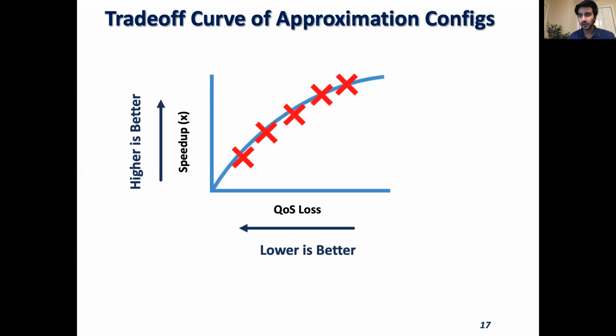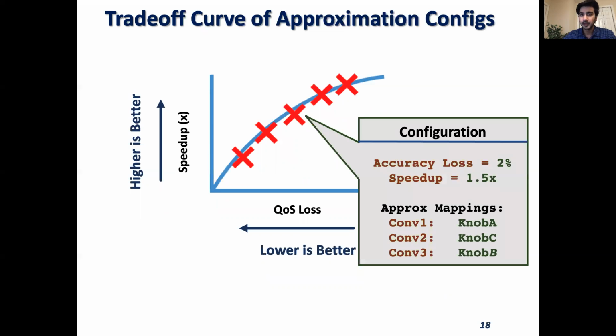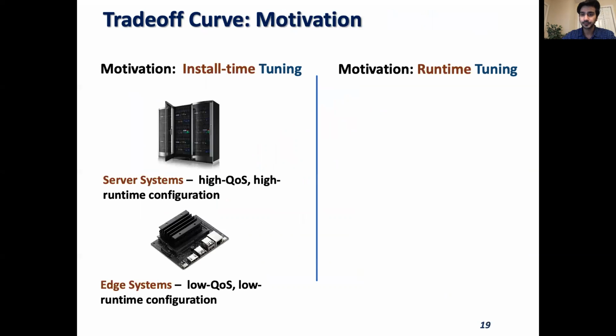The configurations on the Pareto optimal frontier of this trade-off space are then selected to create a trade-off curve. If energy is of interest, ApproxTuner can also construct accuracy versus energy trade-off curves. A configuration has three attributes: a QoS loss, for instance, an accuracy loss, the speed up it provides, and the mapping of the approximation knobs to each tensor operation.